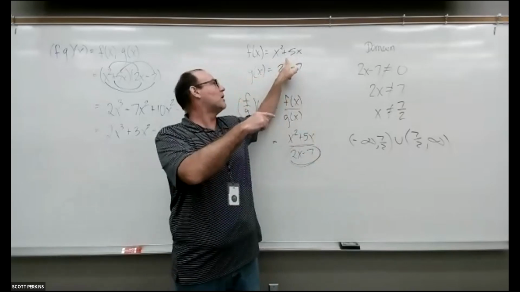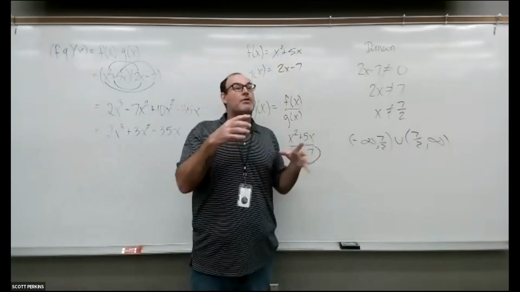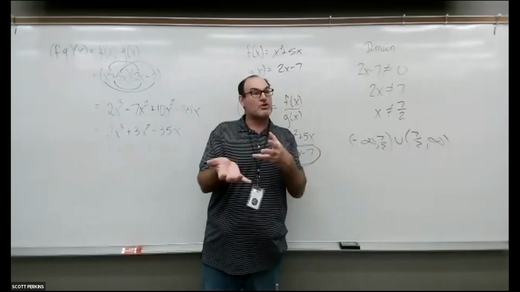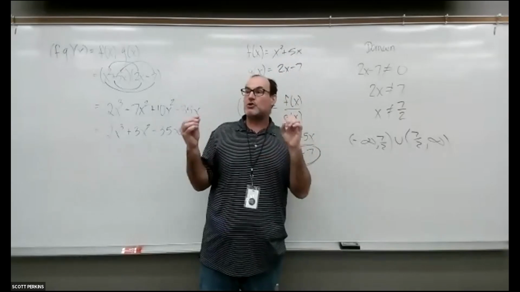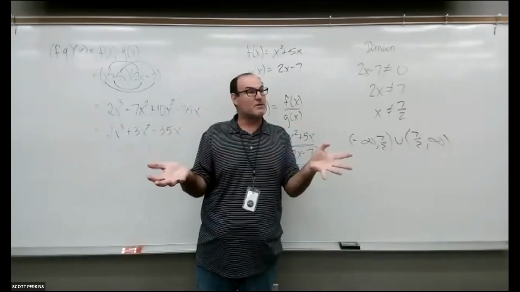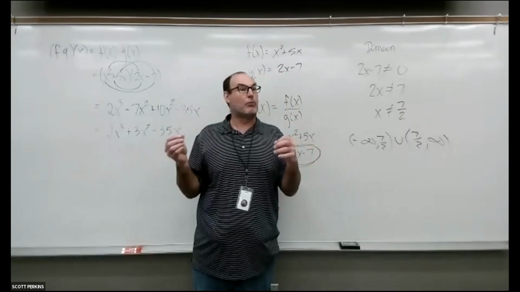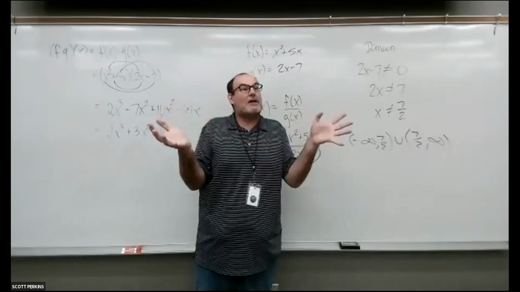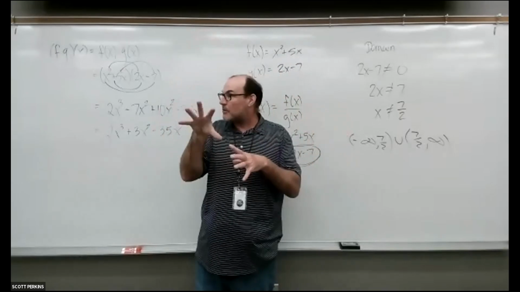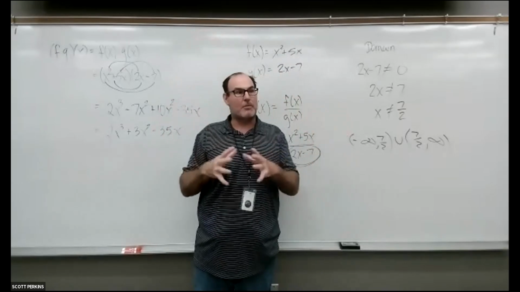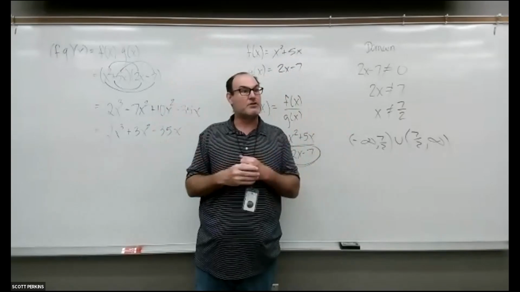This is going to be a little more in the next unit, but the transformations. What do those transformations do to the domain? So remember the domain and the range of your basic functions. Like for the parabola, domain is negative infinity to infinity, and the range is 0 to infinity. But you get that from the graph. And then the transformations take the domain and the range and do things to them.